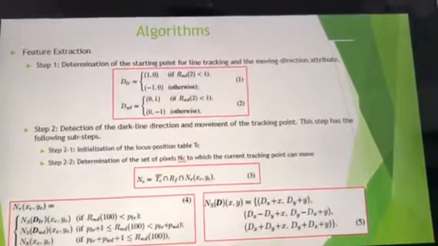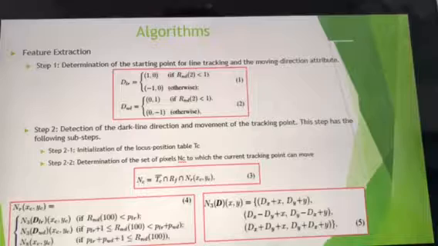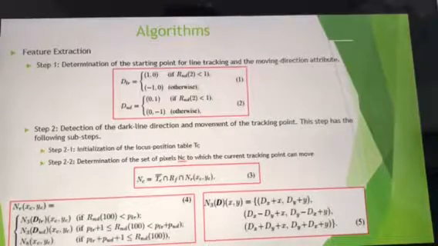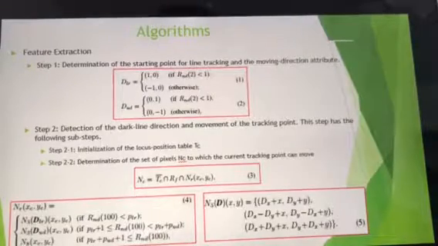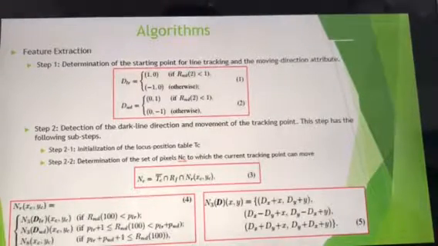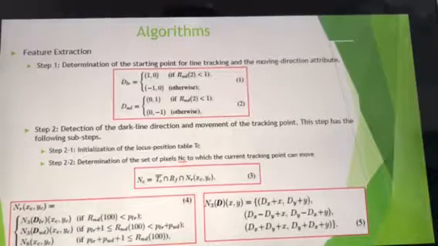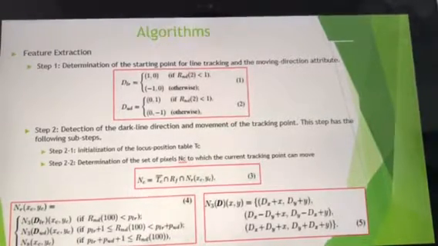Now, the algorithm that I used was, in step 1, to determine the starting point of the line tracking and the moving direction attribute. Then I detected the dark line direction and movement of the tracking point. This step has the following sub-steps: initialization of the locus position table and determination of the set of pixels to which the current tracking point can move.